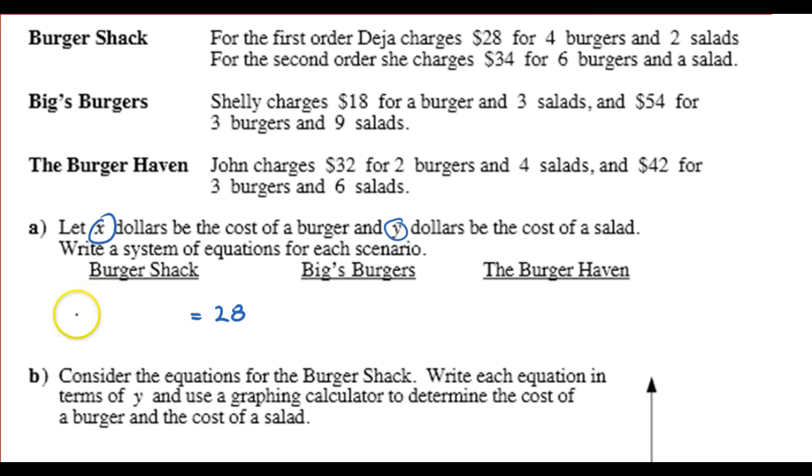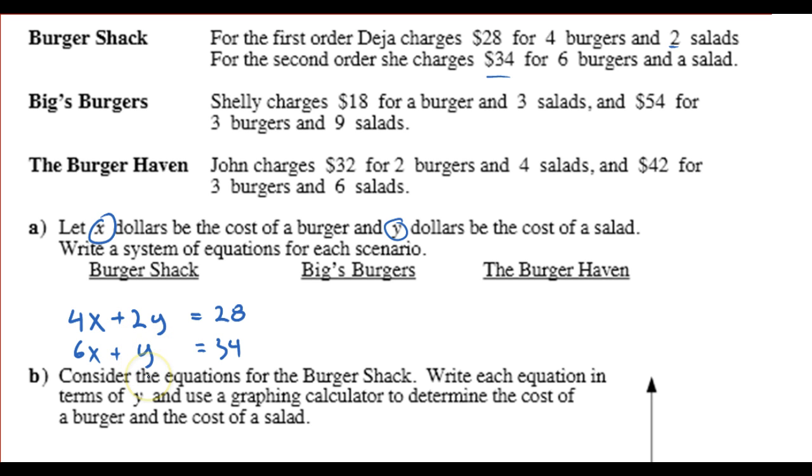If each burger costs X dollars, it's going to be 4X, plus the salads, and there are 2 salads, and the cost of each salad is Y. So 4 times the price of a burger plus 2 times the price of a salad should come out to $28. And then the second order was $34, and that was for 6 burgers and 1 salad.